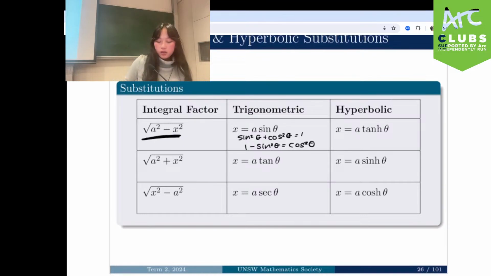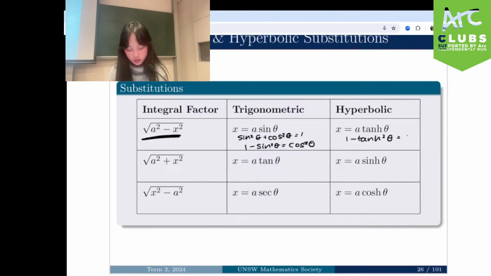There's also a tanh kind of related substitution that we can make here. And essentially what that tells us is 1 minus tanh squared gives us sech squared. So that makes it slightly easier to deal with.